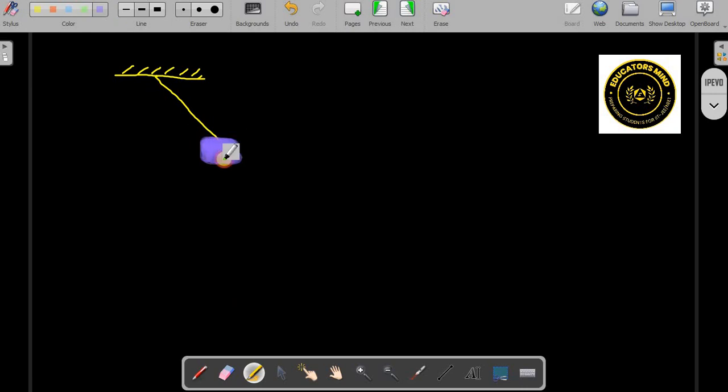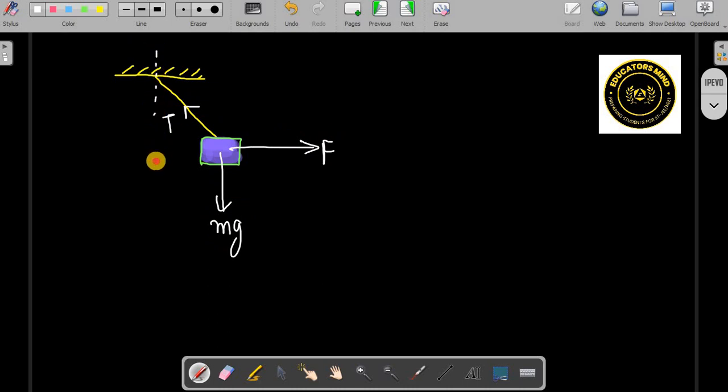This block is being pulled by some force, like this, and this is the tension, and mg. So it is in equilibrium, and they can ask you to find what this angle theta is. This theta is the angle made by the string with the vertical.